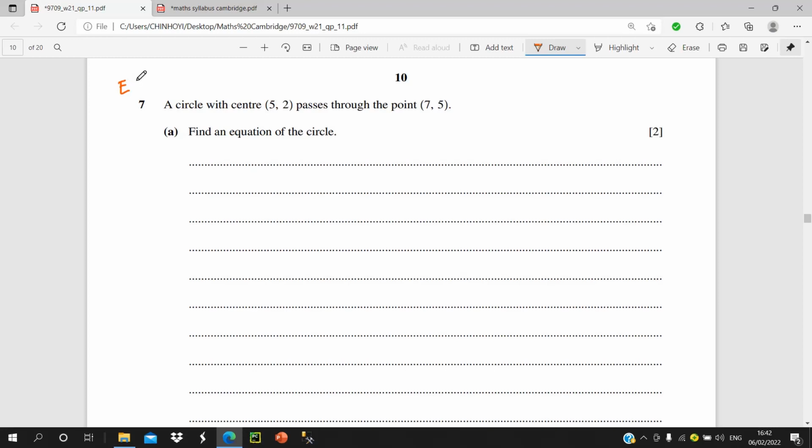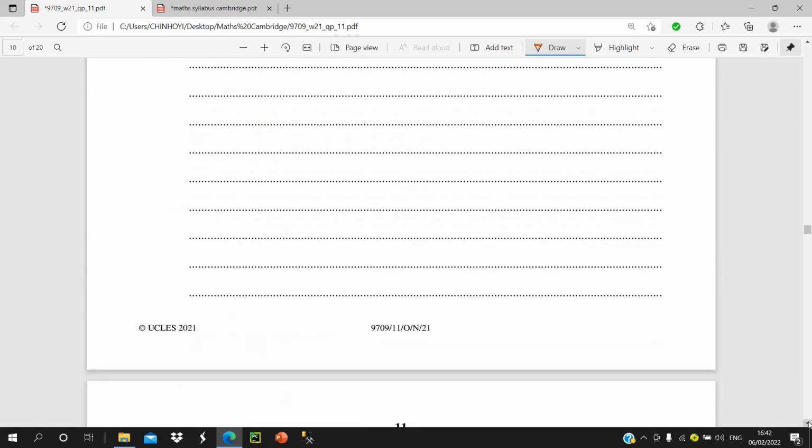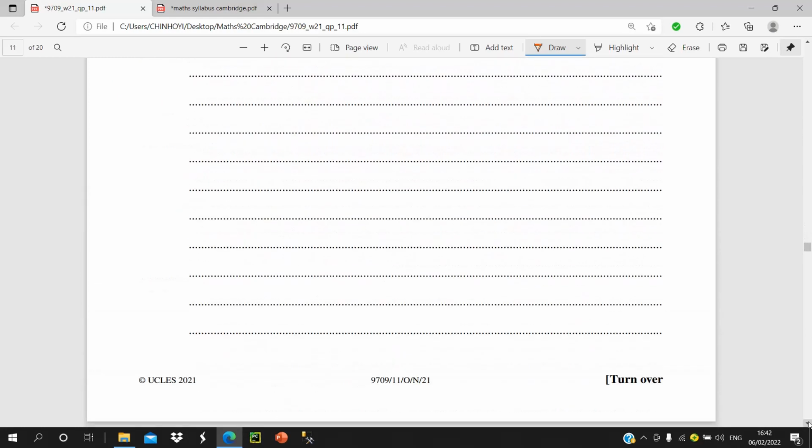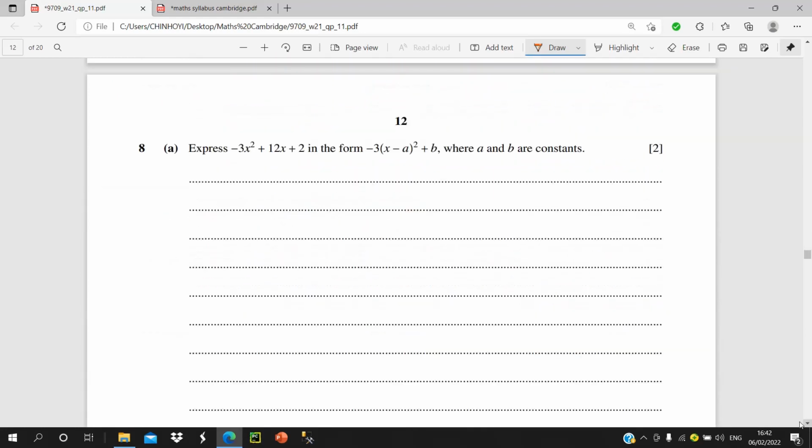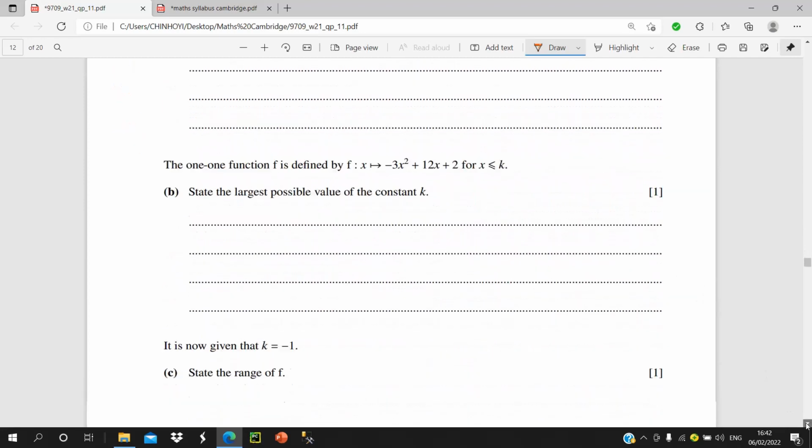Number 5, number 7, and number 8 are your exercises.